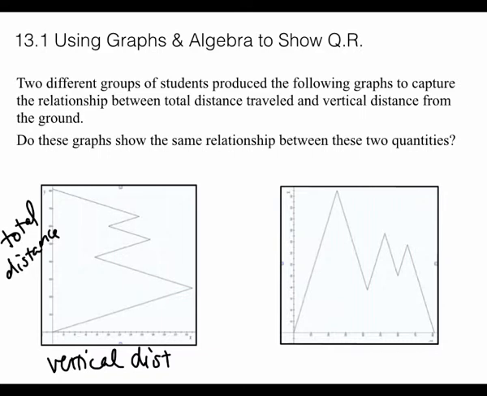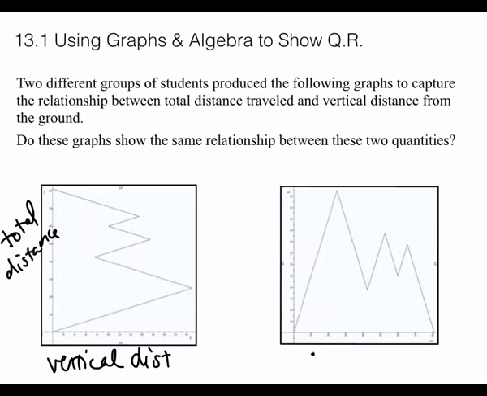Vertical distance is increasing, then decreasing, then increasing, then decreasing, right? Whereas total distance is always increasing. When you look at this image, we just said total distance is always increasing in this situation, just from our analysis, conceptualizing the quantities.